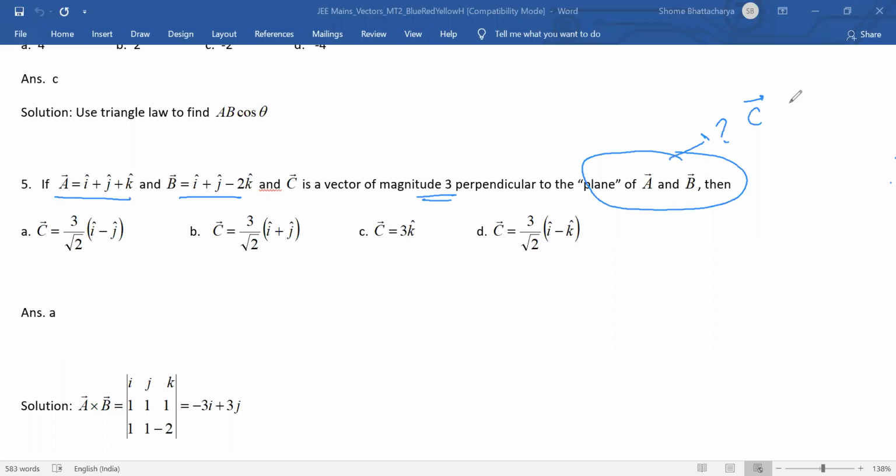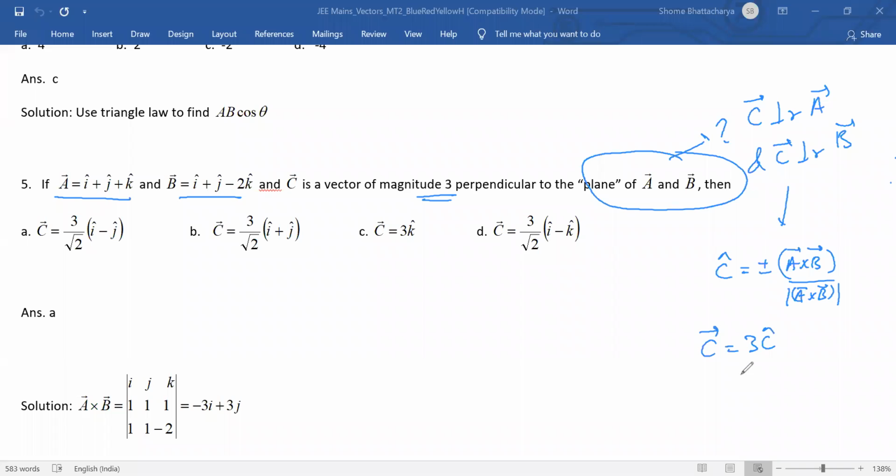This statement means that C is perpendicular to A and C is also perpendicular to B. Therefore C's unit vector is nothing but plus or minus of A cross B's unit vector, because A cross B has the property that it is perpendicular to the plane of A and B. So C vector will be 3 times C cap, which is plus minus 3 times the unit vector of A cross B.